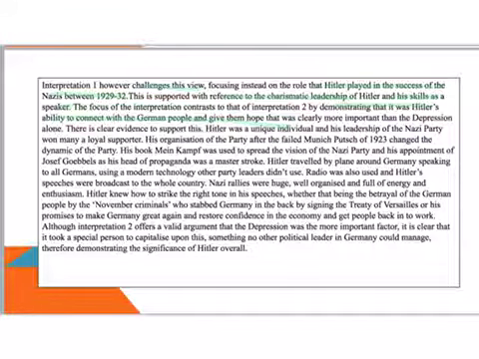Again, now we've got to build in some of our own knowledge, there's clear evidence to support this. There's a link there that can bring in my own knowledge. And then we've got organisation of the party after the failed putsch, use of Mein Kampf to spread the vision of the Nazi Party, use of Goebbels as head of propaganda, use of modern technology, radio, huge rallies.